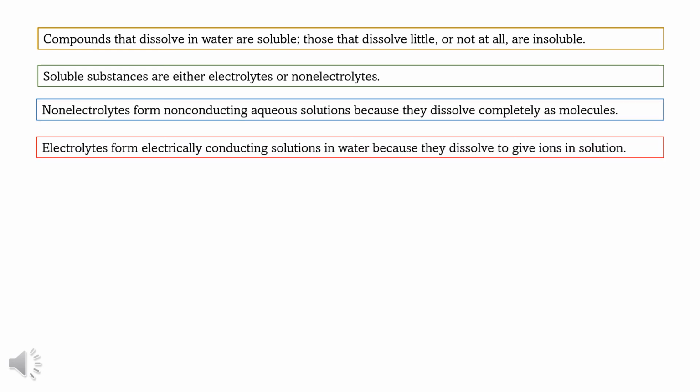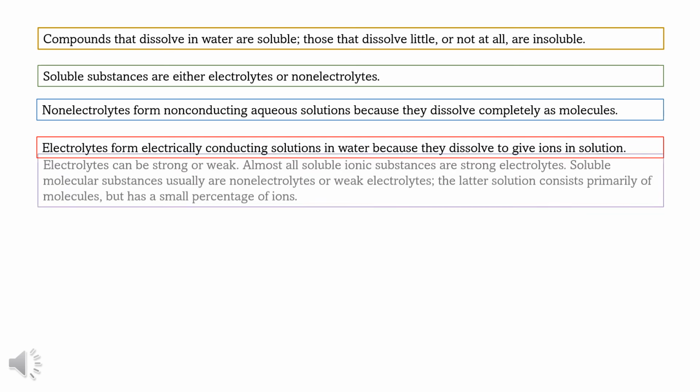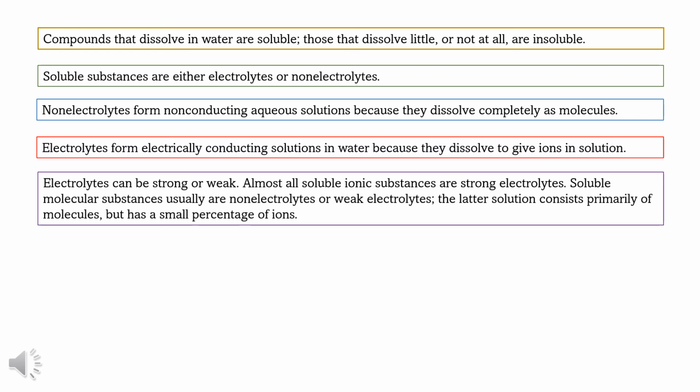Electrolytes form electrically conducting solutions in water because they dissolve to give ions in solution. Electrolytes can be strong or weak. Almost all of the soluble ionic substances are strong electrolytes, and soluble molecular substances usually are non-electrolytes, or we call them weak electrolytes.